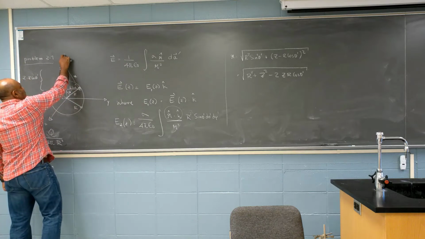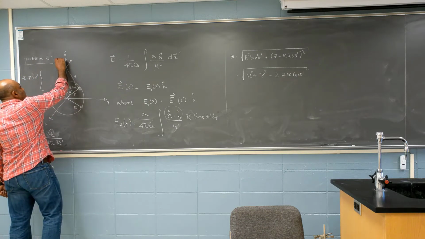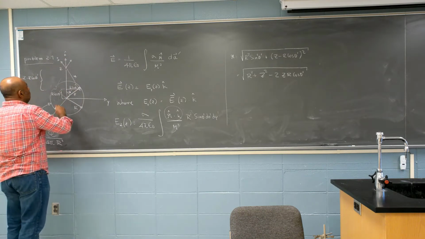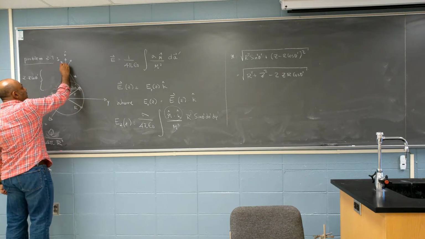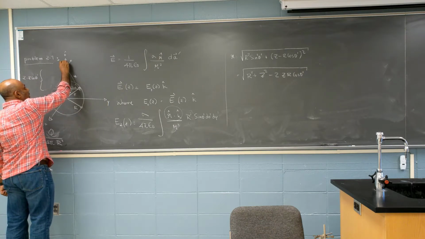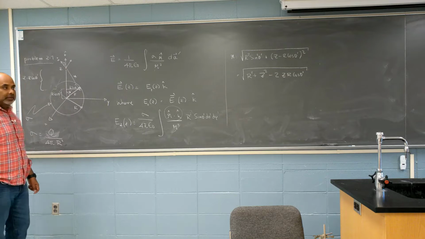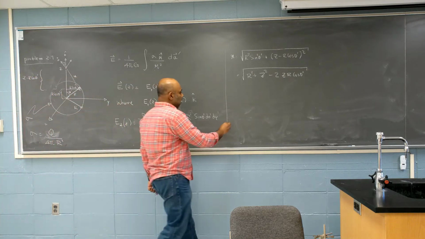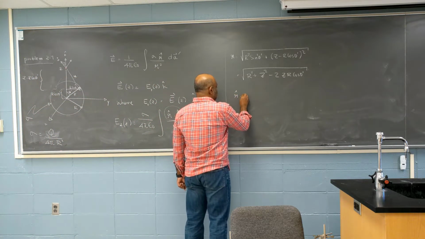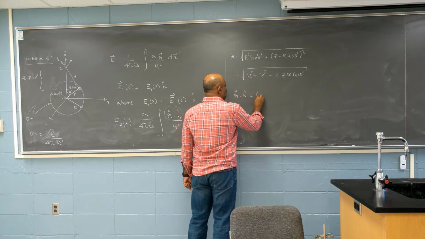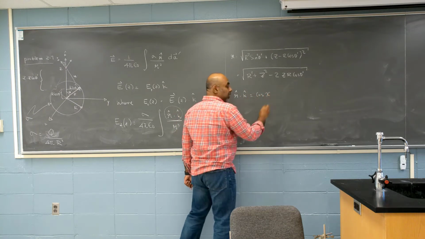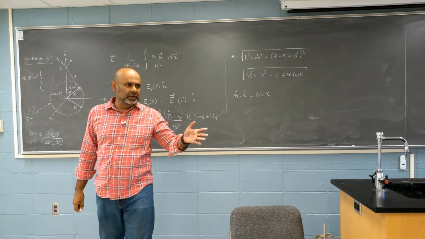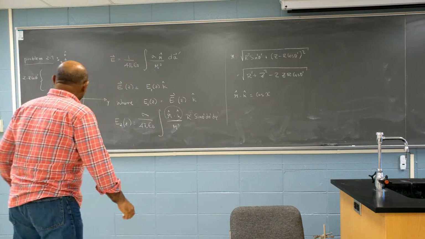This is k hat, this is r hat, and if I call this angle, say chi, r hat dot k hat is cosine of chi. Chi is just a temporary definition. I'll get rid of it right away.